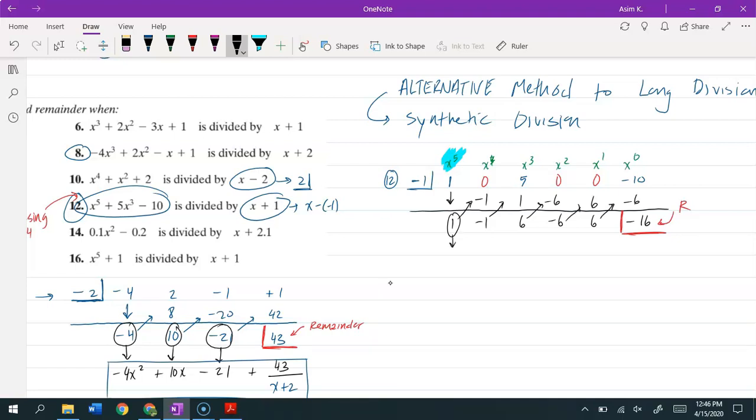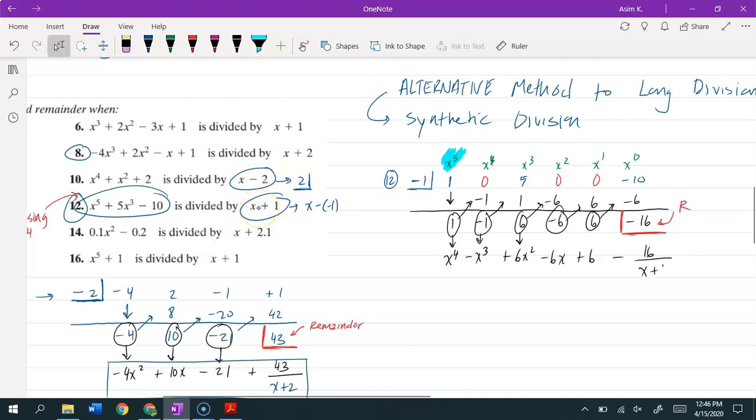The answer is going to be 1x to the power of 4 minus x to the power of 3 plus 6x squared minus 6x plus 6, and finally minus 16 divided by the original divisor, which was x plus 1 in this scenario.